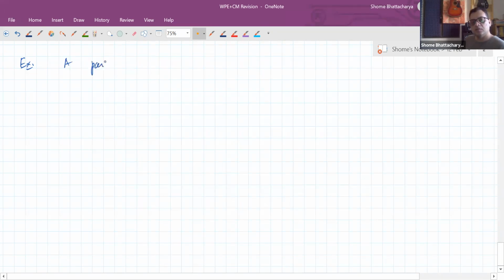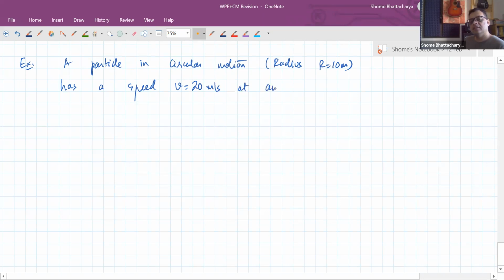So a particle in circular motion, radius 10 meters, has a speed of v equal to 20 meters per second at an instant when its acceleration vector is at 37 degrees with respect to its velocity.